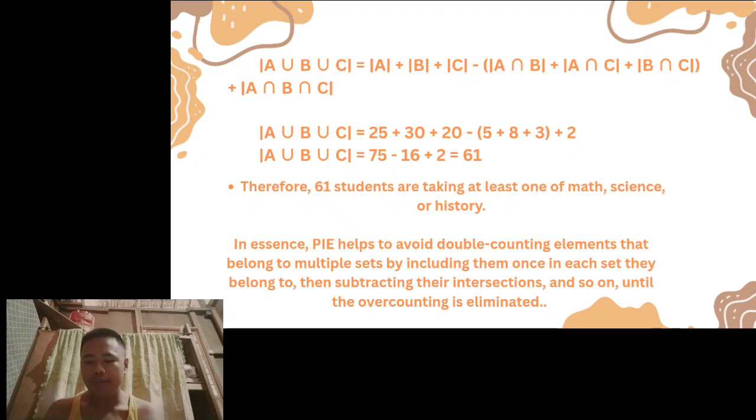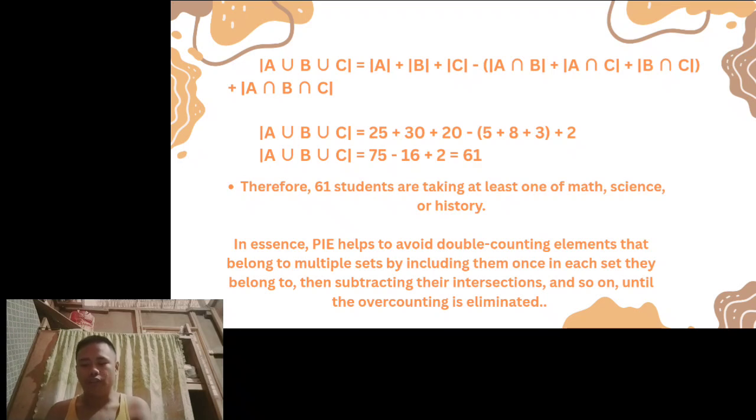And then plus 2. So the answer is 75 minus 16 plus 2, which equals 61. Therefore, 61 students are taking at least one of math, science, or history.